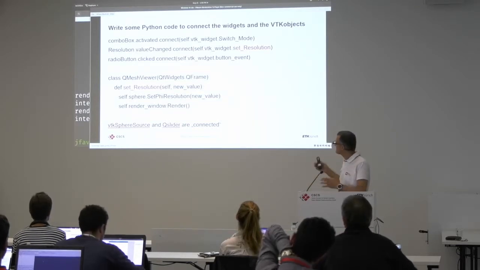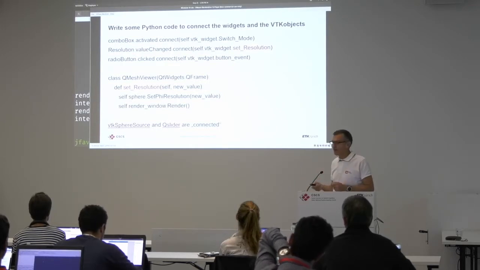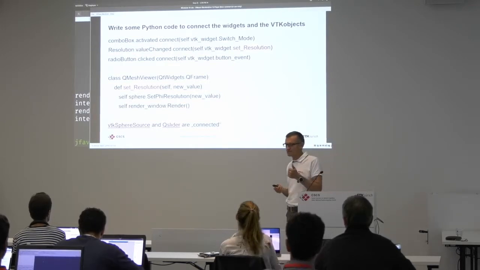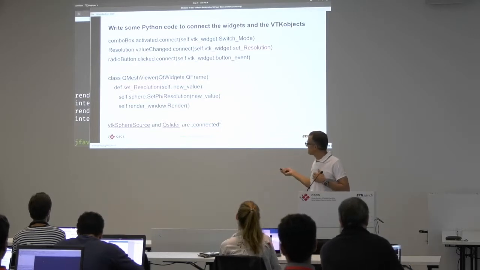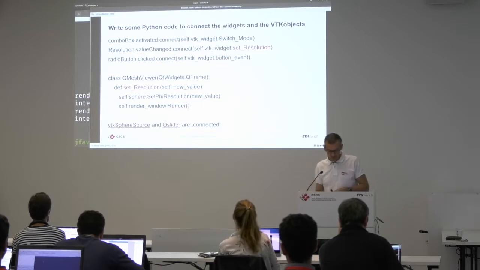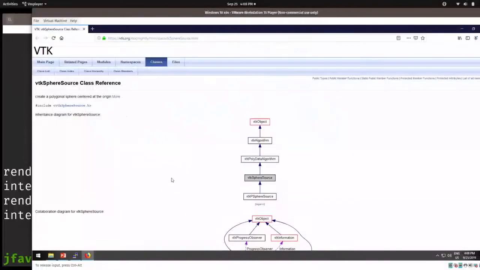Now, how did I find out about all this? The object sphere source in my VTK pipeline over here, that's the definition of it. If we click on those objects, we have here the class definition in VTK.